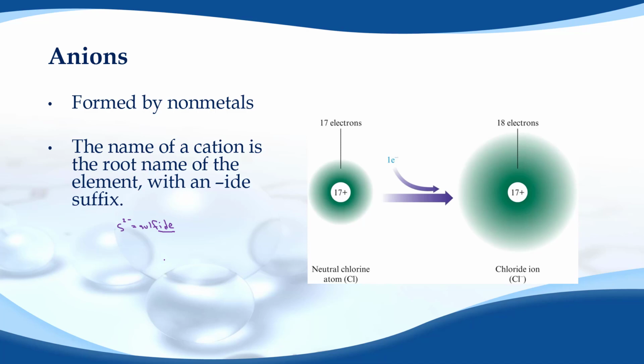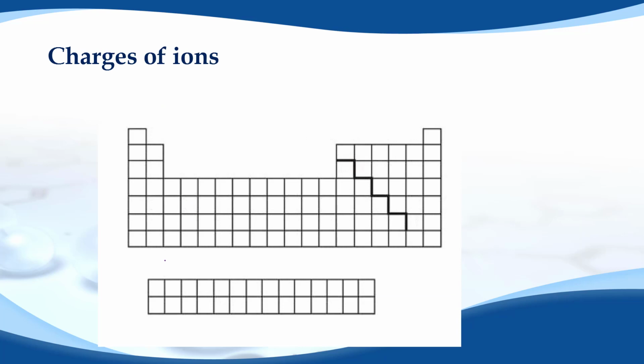Now here's where you're going to need your periodic table because what I'm going to have you do is label the common charges. Group 1, the first column on the periodic table. All the ions in this group form a +1 charge. So we're going to put +1 at the top of the group. All ions in the second column, which is called group 2, will form a +2 charge.